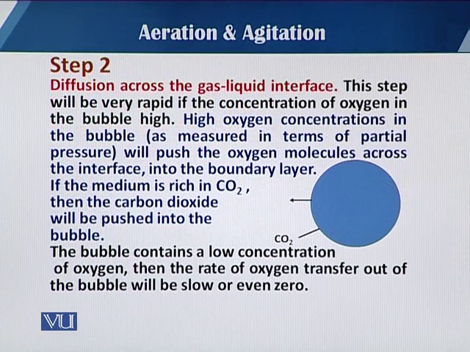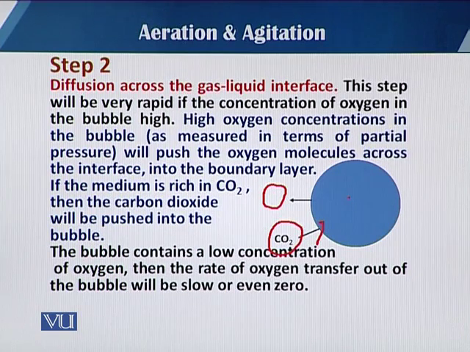As concerned the second step, that is the diffusion across the gas liquid interface. You can see in this, the oxygen comes out from the air bubbles and the carbon dioxide has to go back, because aeration is vice versa.